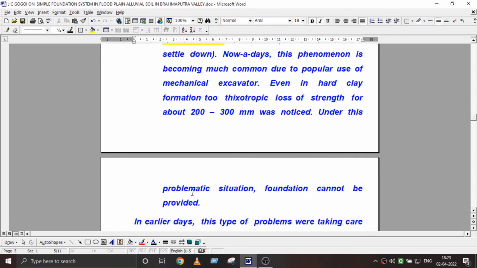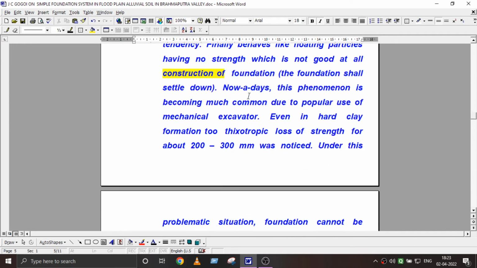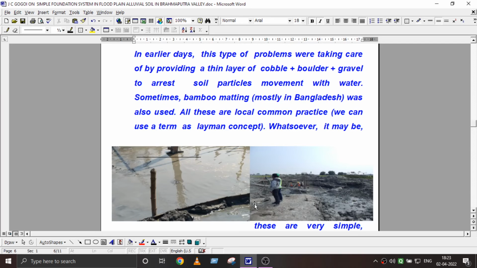Under the problematic situation, foundation cannot be provided. In this type of situation, no one can take responsibility of putting the foundation in that type of state. Whatever it may be, this type of soil and this type of soil. I am standing here, my shoe is already inside the mud.